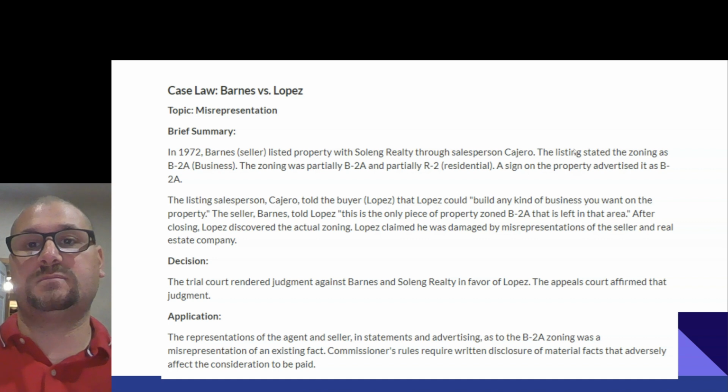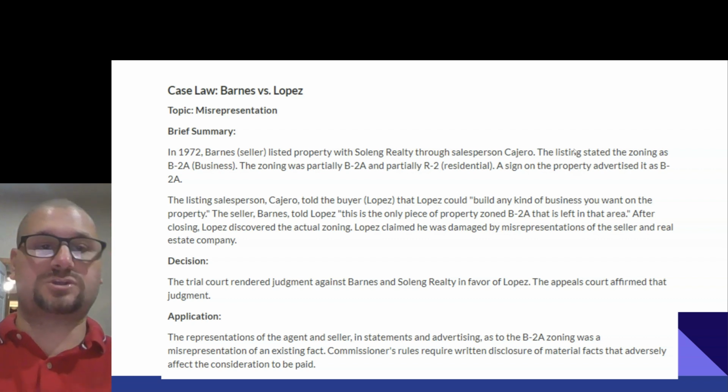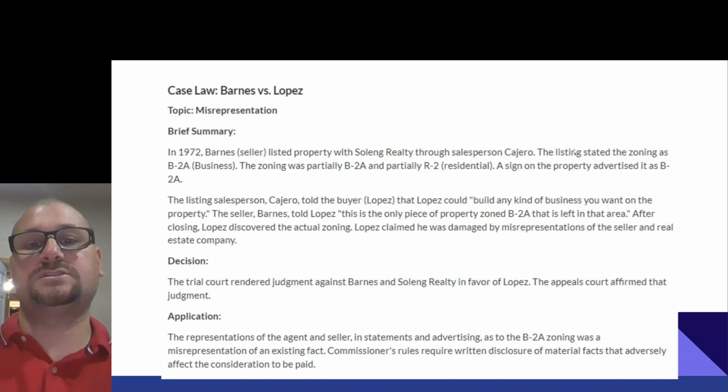That's partially residential, right? R2. Lopez claimed that he was damaged by misrepresentation of the seller and real estate company. So, what's the decision? The trial court rendered judgment against Barnes and Solberg Realty in favor of Lopez. So the appeals court affirmed that judgment.